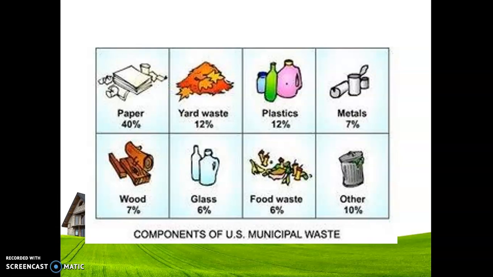Okay, so these are the components of municipal waste in the US, and these are the percentages of each component. 40% are paper, 12% yard waste, 12% plastic, metals 7%, wood 7%, glass 6%, food waste 6%, other 10%.